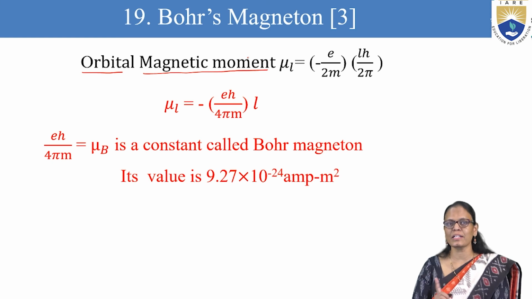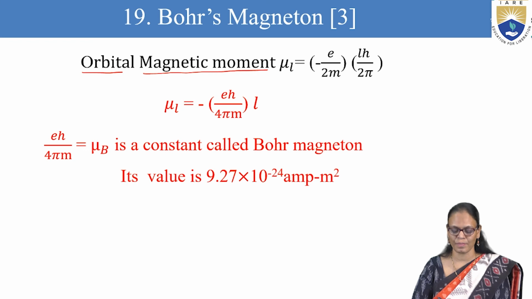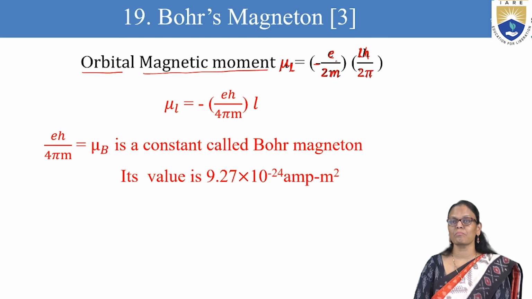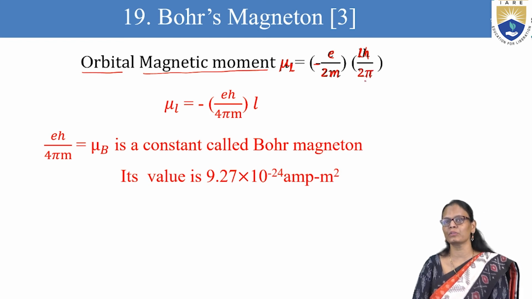When an electron is revolving round the nucleus, because of its orbital motion, it produces dipoles, and because of that we have the magnetic moment. The magnetic moment is denoted by mu L. Mu generally represents the magnetic moment and L denotes that it is due to the orbital motion. So mu L is equal to minus e by 2m into L h by 2 pi.